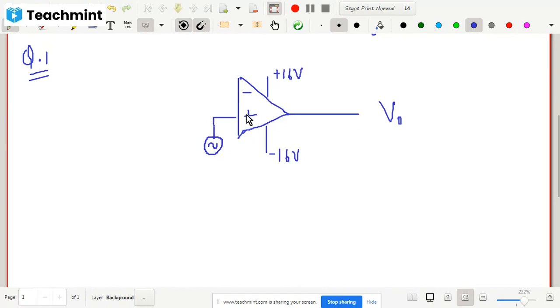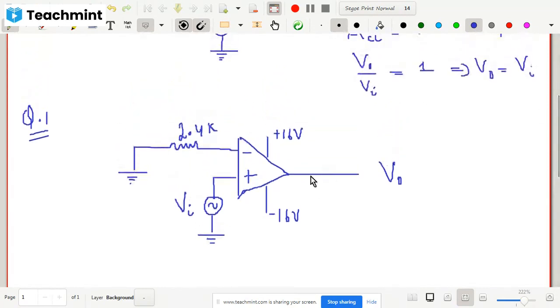Whenever I give the input to plus, this is your non-inverting amplifier. Here I have some value of resistance. This one is grounded, and this is 2.4 kilo ohm.